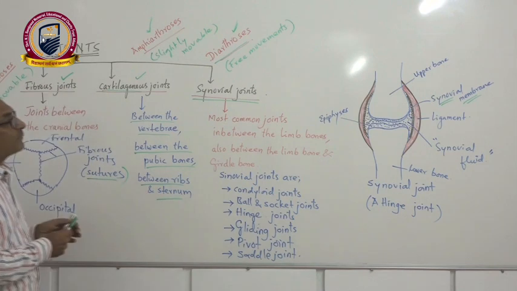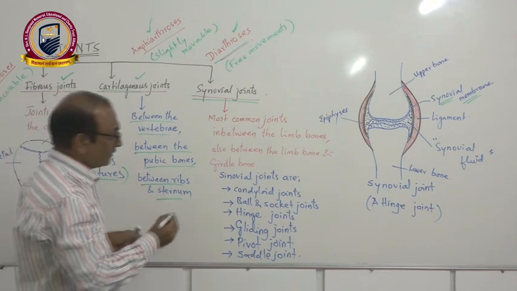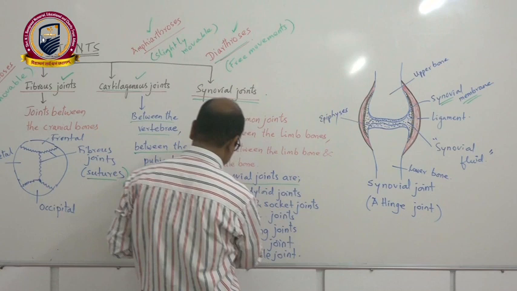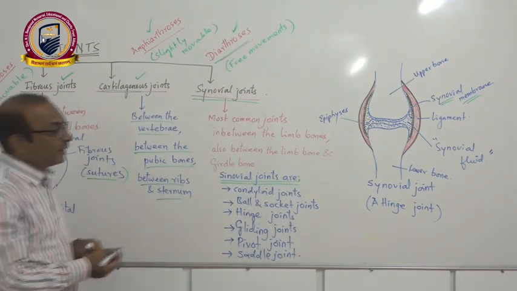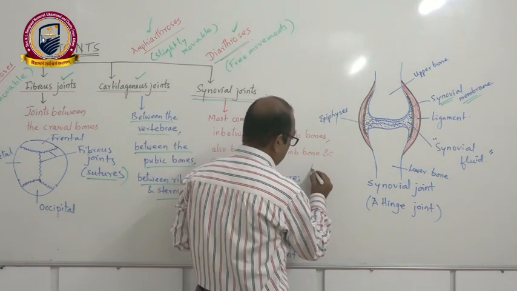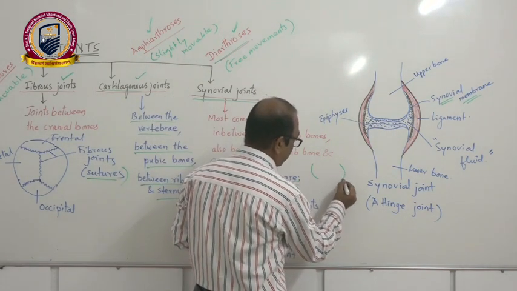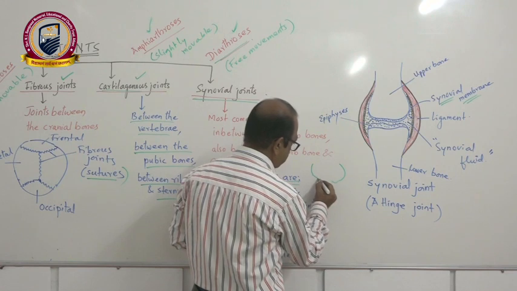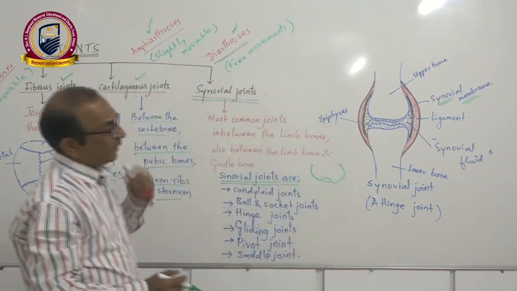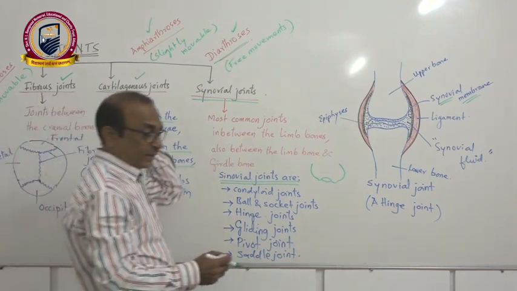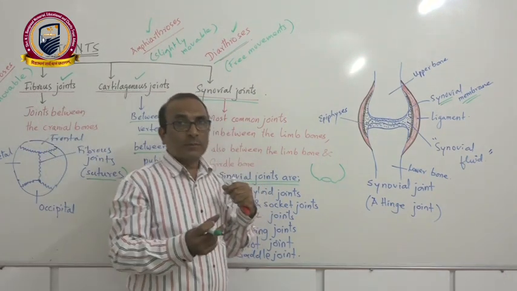Let's take up the different types of synovial joints. I have listed here the types of synovial joints. Condyloid joints are there in the skull region. We know that the skull has an opening through which the spinal cord comes out from the brain.